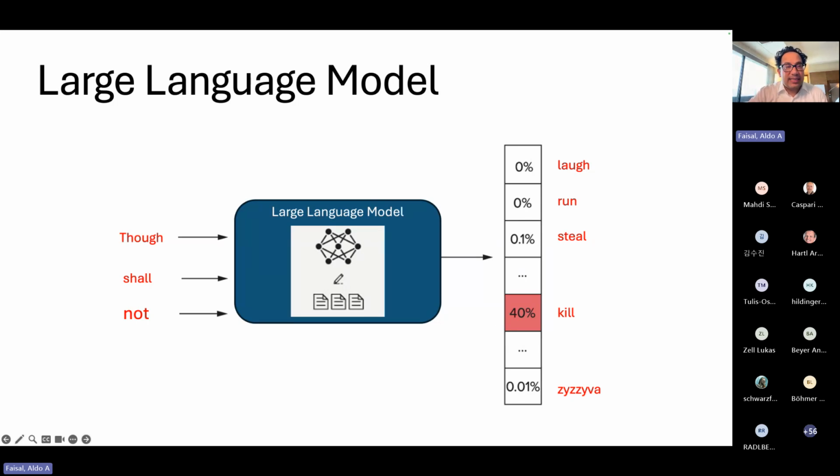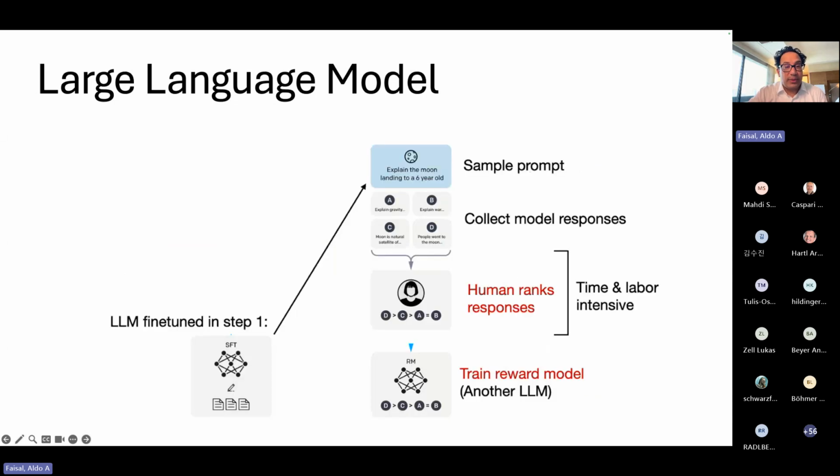Now, the interesting thing is ChatGPT is more than just a next word predictor. So large language models have two components. The other component is that you need to teach the system what are meaningful and non-meaningful answers, right? So what you do here is you ask the system a question and it gives you a number of answers.